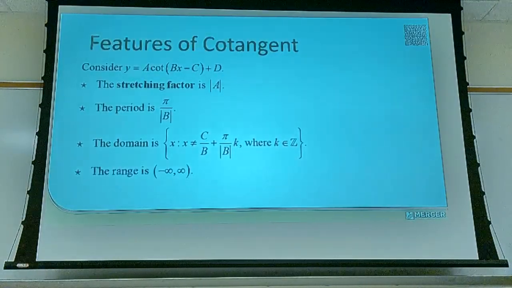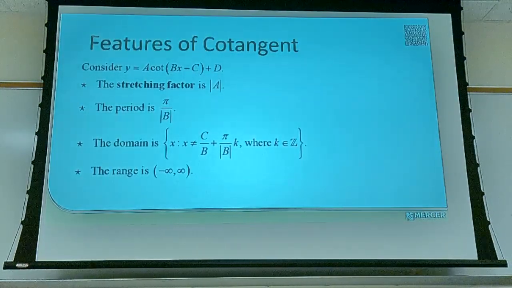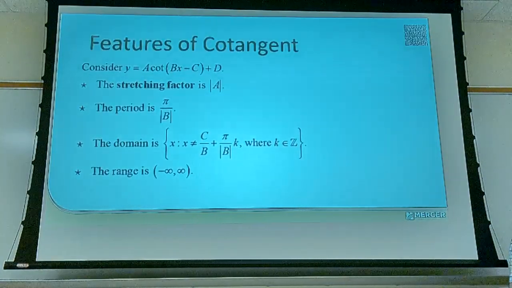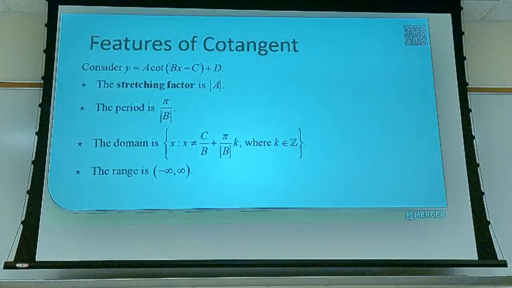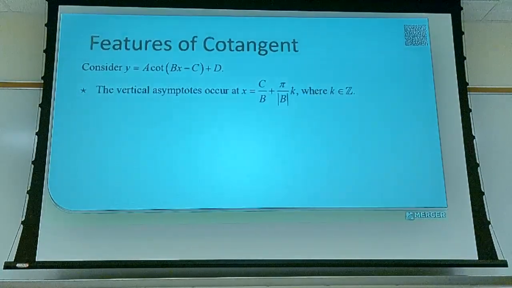The range is everything. Once again, you're going to have vertical asymptotes at every exclusion point, so once again, same as cosecant, and no amplitude.